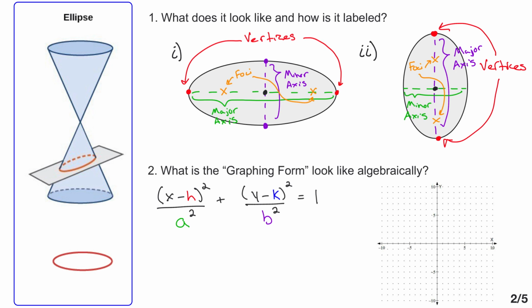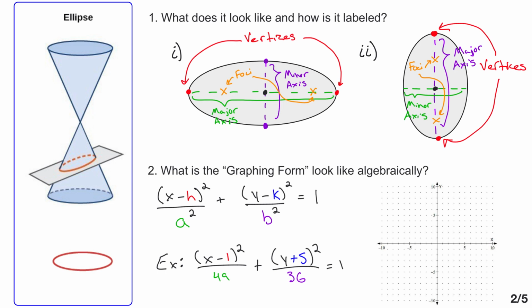All right, so let's do an example. Super quick, super easy. In fact, I like these. They're kind of similar to circles, in fact. Let's say we have x minus 1, quantity squared, over 49, plus the quantity of y plus 5, quantity squared, over 36, is equal to 1.